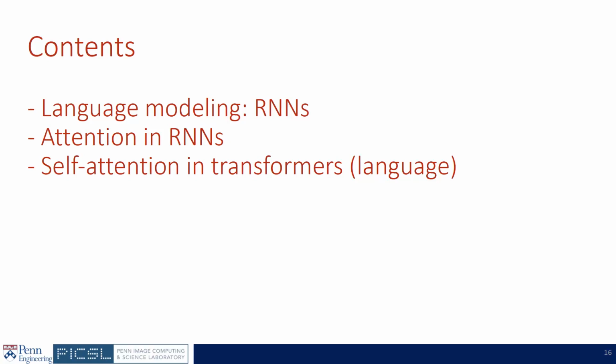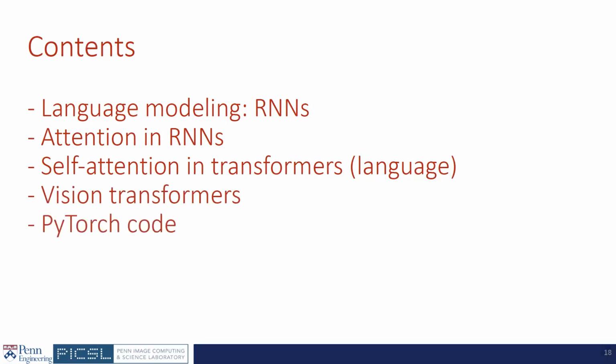And while you go through these slides, think of the concepts that you have learned in lectures 1 and 2, of how attention from lecture number 1 is now directly, implicitly used in transformers, right? Then we'll briefly cover vision transformers. We'll look at some PyTorch code if we have time, of how easy these things are to code.